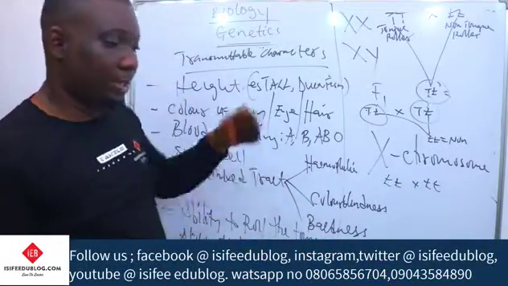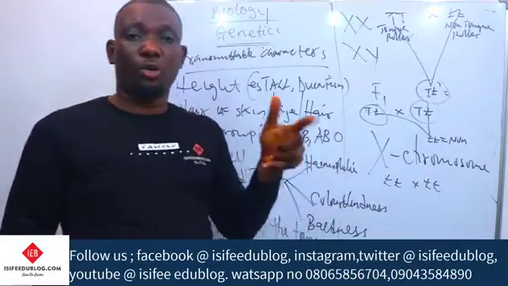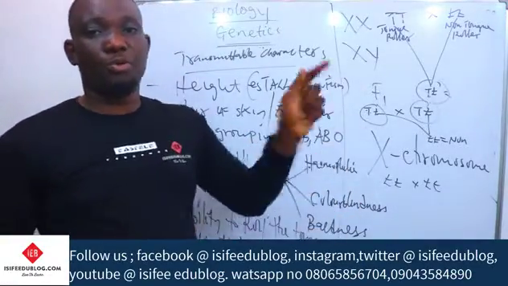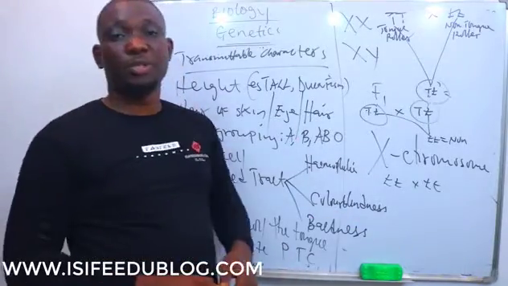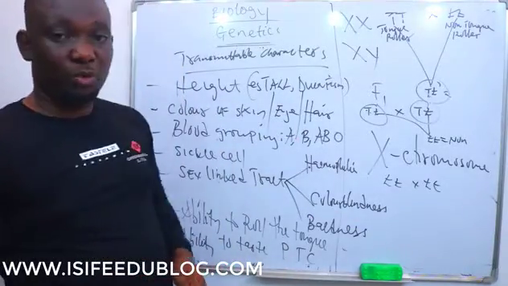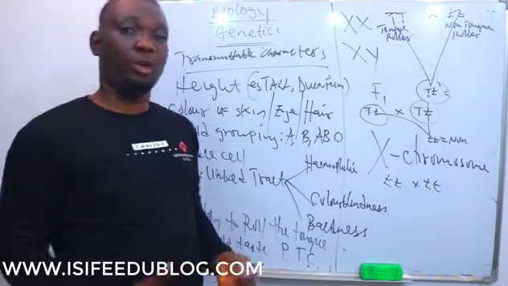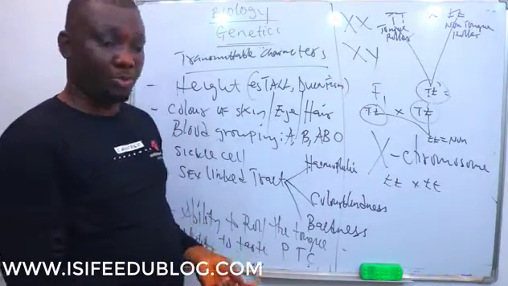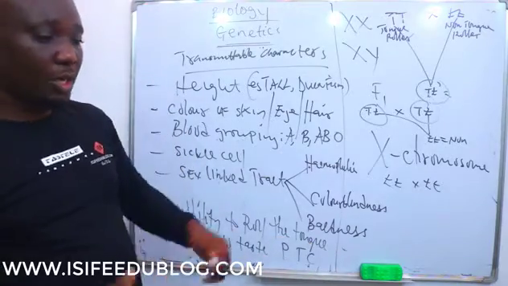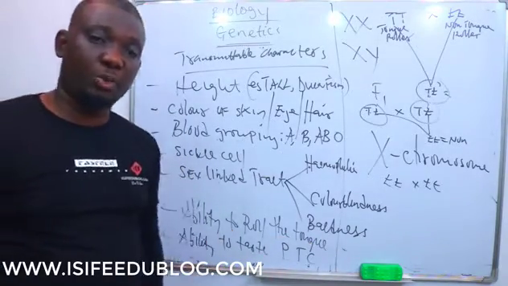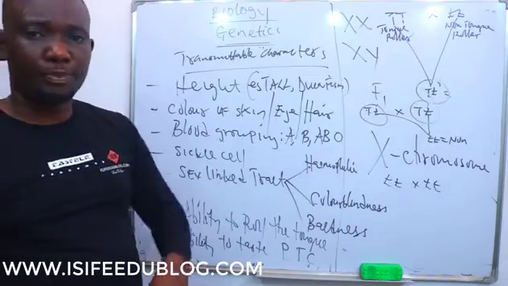The paternity of that child is to be questioned, whether the father will take responsibility for the child or not, because it is not possible for two non-tasters to marry and give birth to offspring who can taste the chemical PTC.